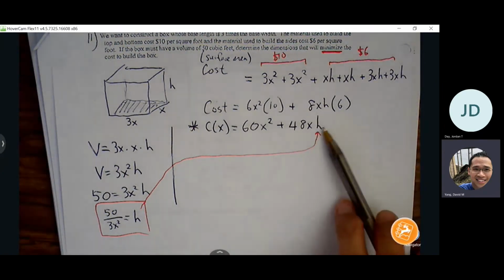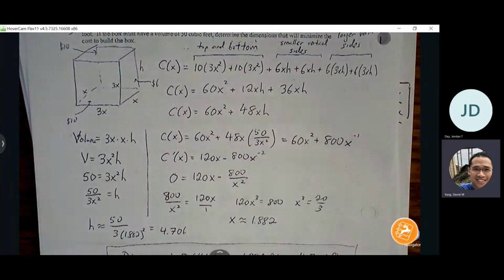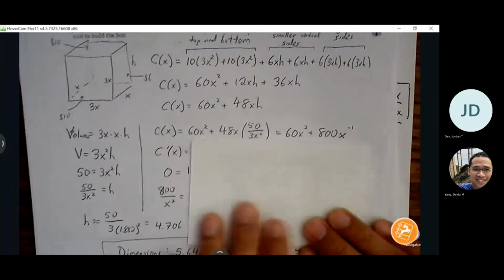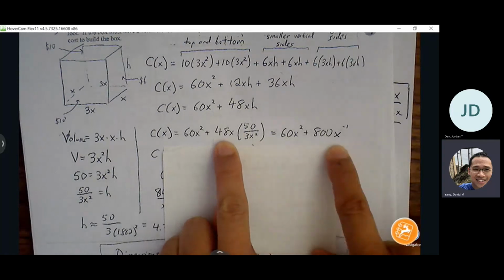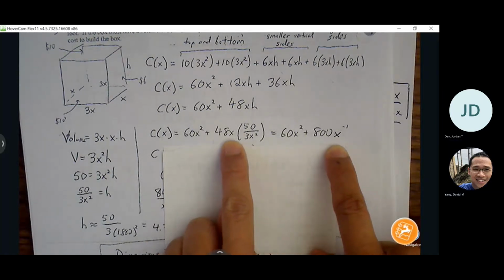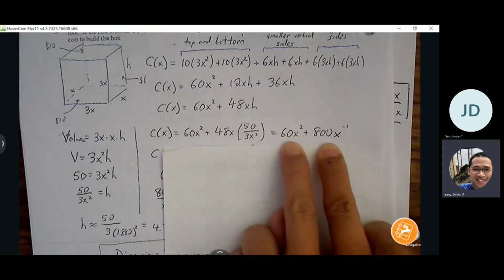So the 50 over 3x squared gets inserted in for h. Clean that up, multiply that through, pull that x squared up to the top. Combine some of the x's together. You're left with 60x squared plus 800x to the negative 1.